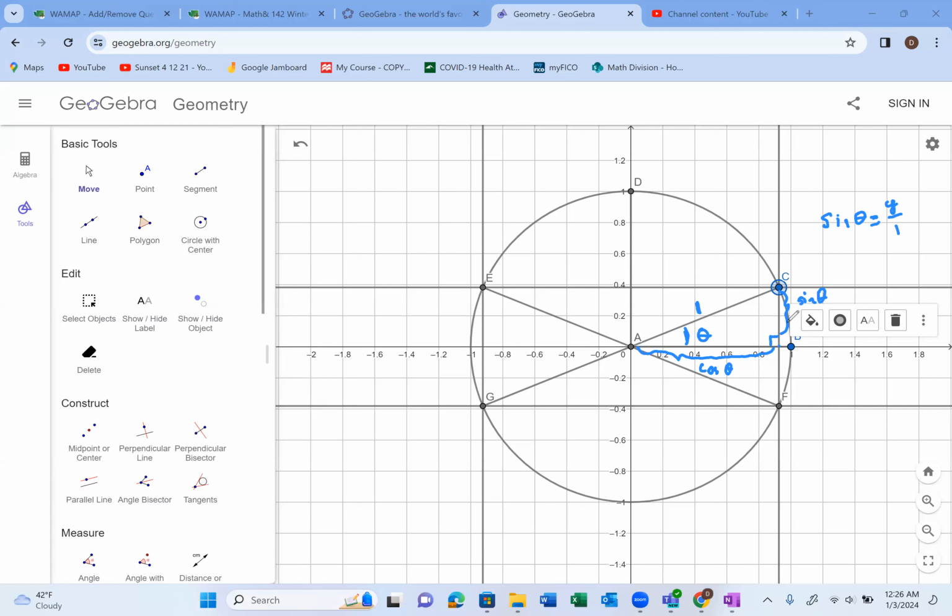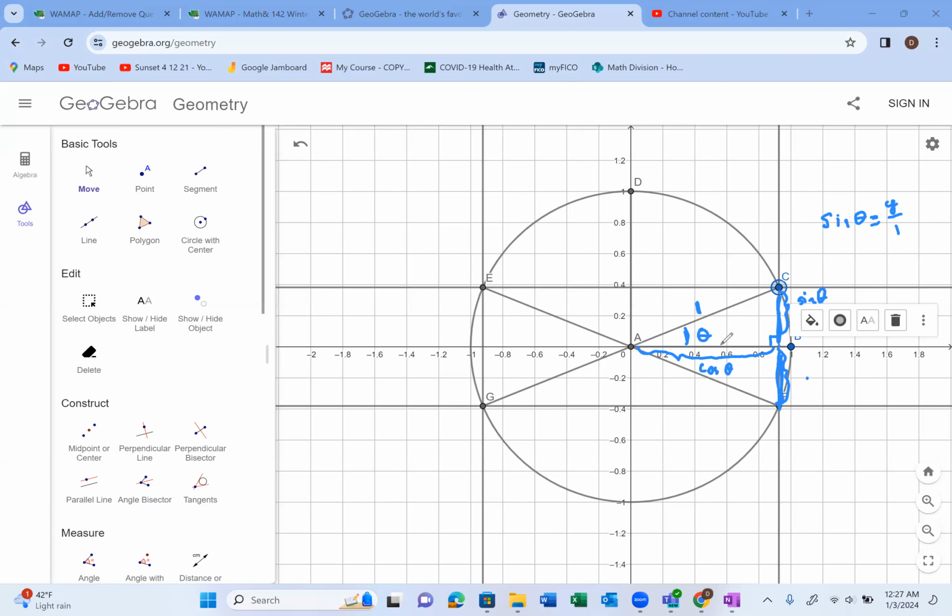But if I'm looking at this circle, I've kind of drawn them out here for us, but there's a total of 4 points with the exact same y coordinate in size. Some of them are different in sign, but F down here has the exact same y coordinate. This vertical distance is the exact same as what we have in the first quadrant. So this would be the same exact sine value, but it's going to be a negative value.